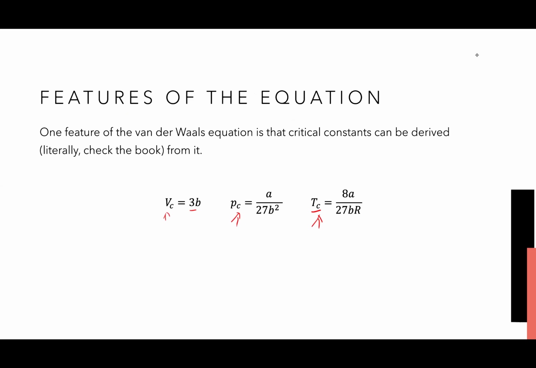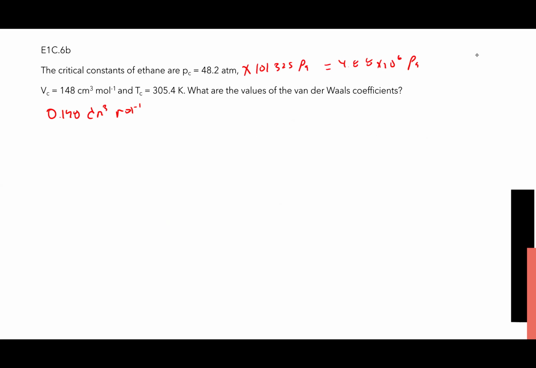This has two coefficients, two variables. Well, the obvious place to start is with the critical volume, because there's only one variable. So if our VC is 3B, then 0.148 cubic decimeters per mole is equal to 3B.